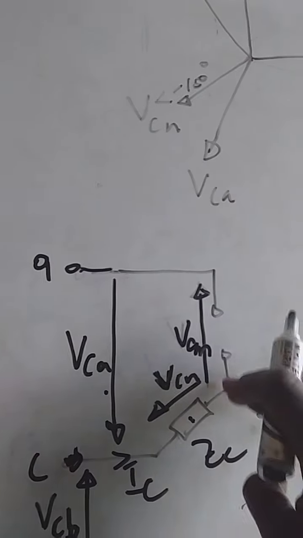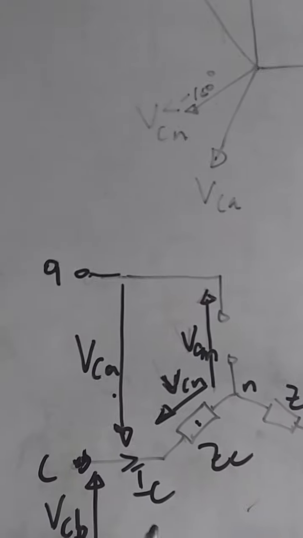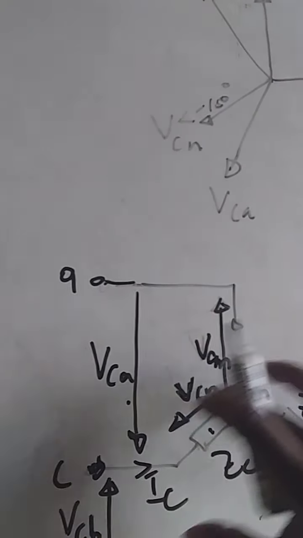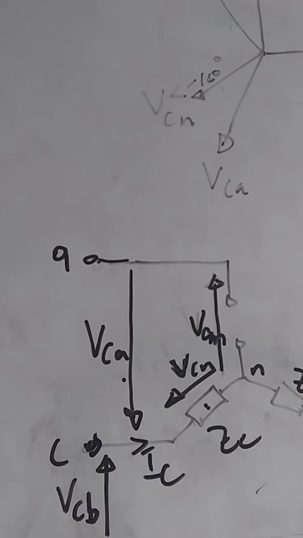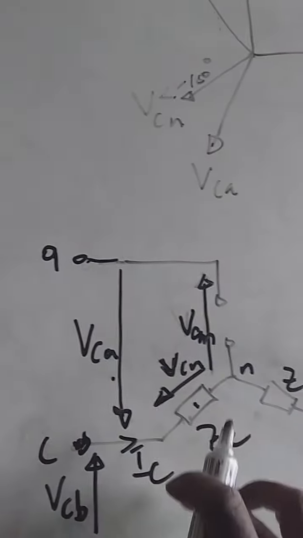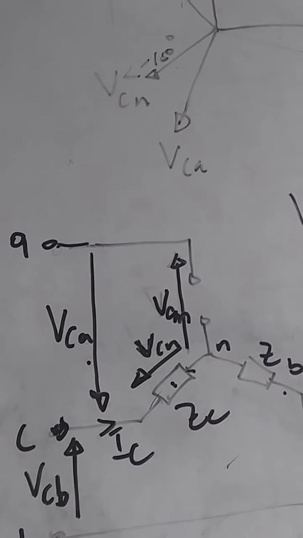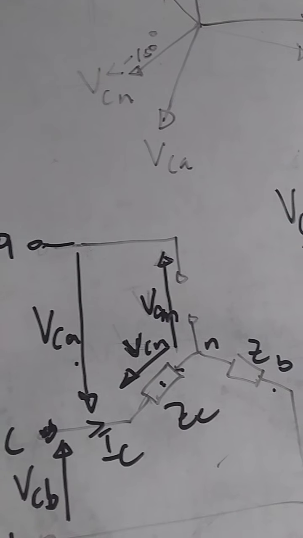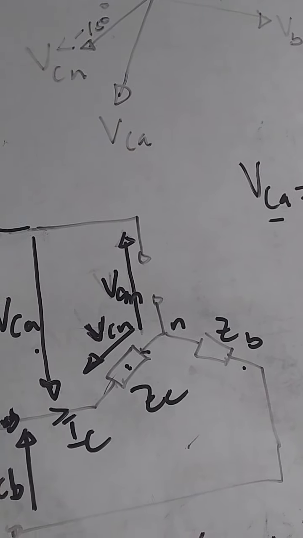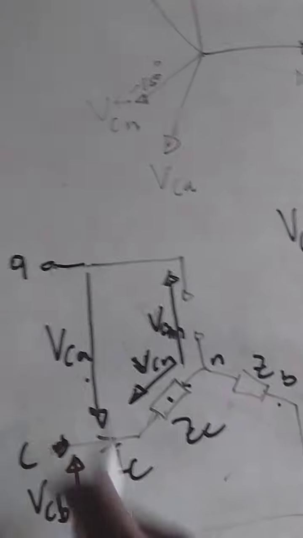Current will go through the least resistive path, so it comes back to B. Using Kirchhoff's voltage law, the voltage VCB, like the EMF driving the total voltage drop, will be equal to the voltage drop here plus the voltage drop here, which is VCN plus VBN. That will give you your VCB.